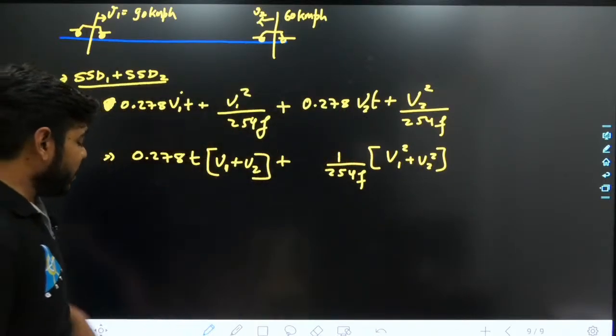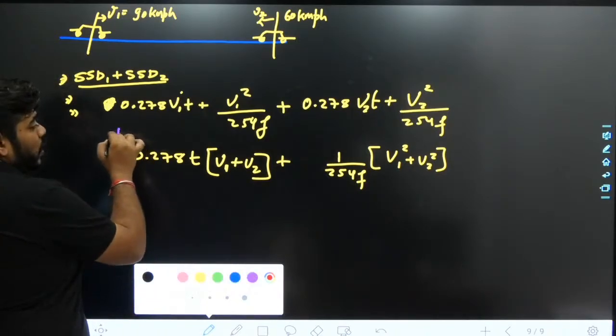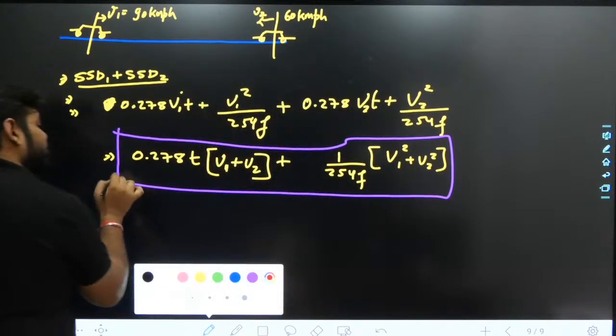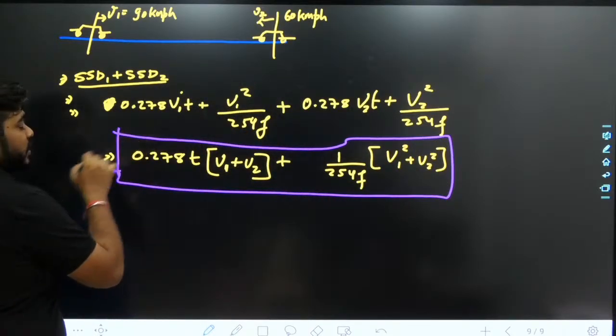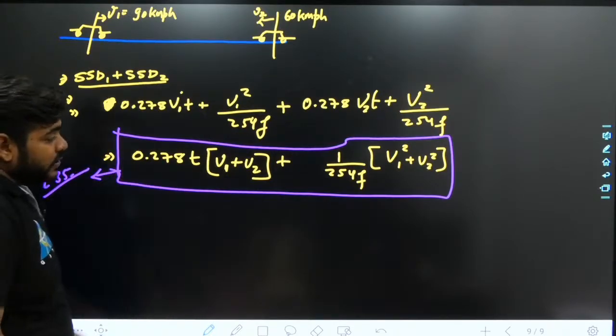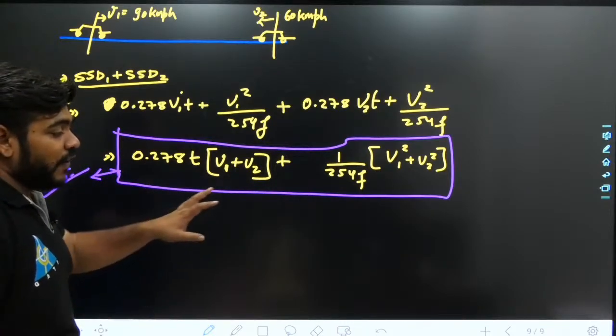So this is the final expression. If someday you don't want to calculate SSD1 and SSD2 separately, you can directly use this formula to get the answer. You'll get the same answer, 235 or whatever you're getting.